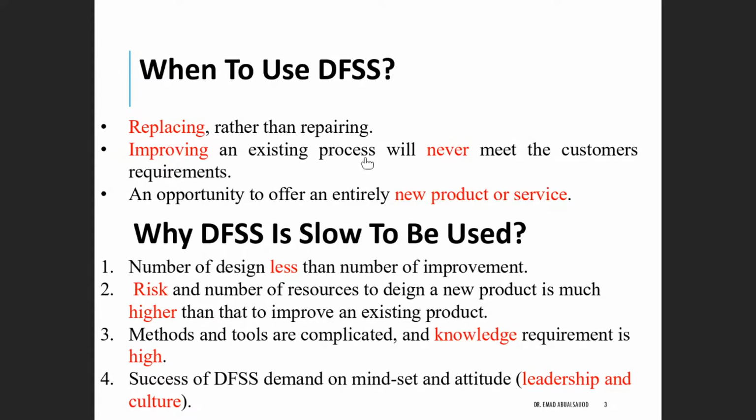Improving an existing process will never meet the customer requirements. Your process is way far from the customer requirements, so you need to start a new one; the improvement will not work anymore, so you need to do the design for Six Sigma. It is an opportunity to offer an entirely new product or service.